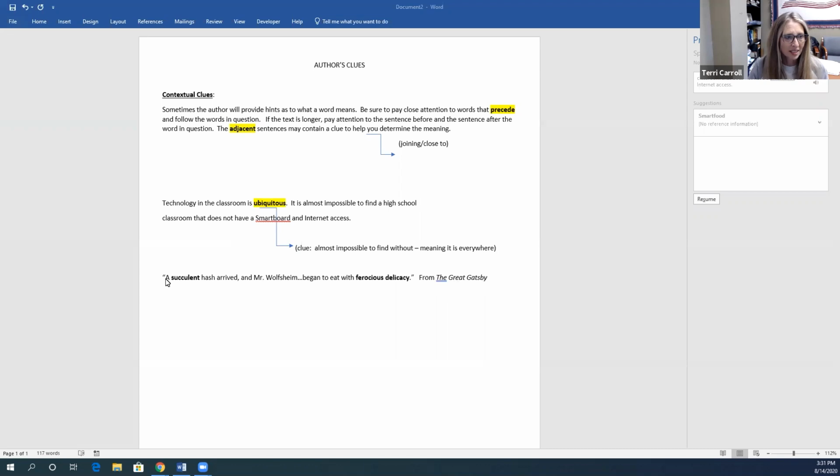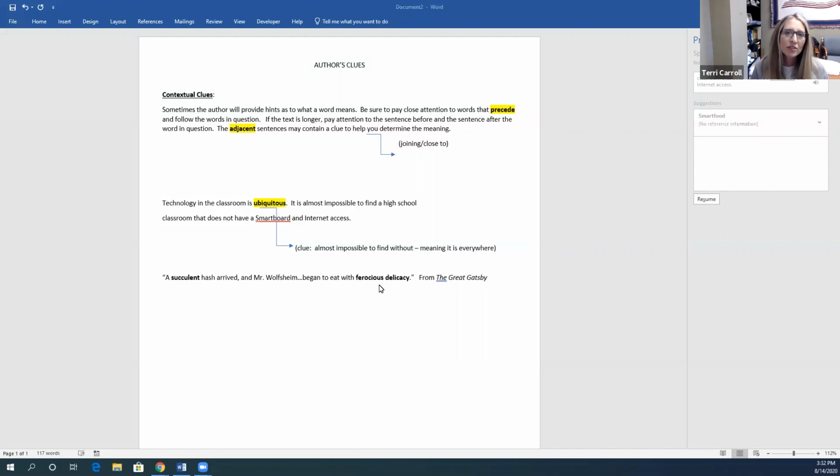So here's a sentence. A succulent hash arrived, and Mr. Wolfshine began to eat with ferocious delicacy. It's big words. Succulent hash, ferocious delicacy. Well, when you think about this, you think, ooh, what's a succulent hash?